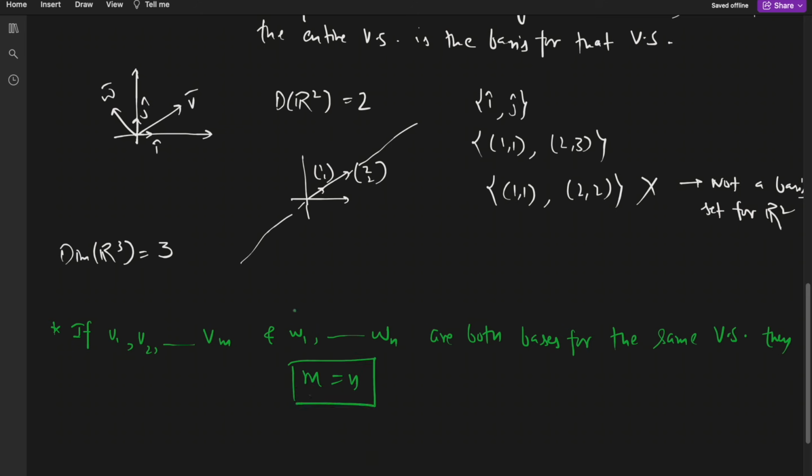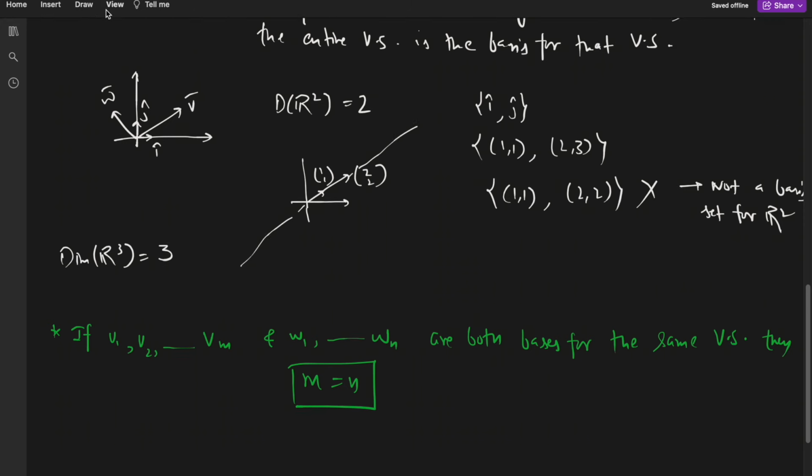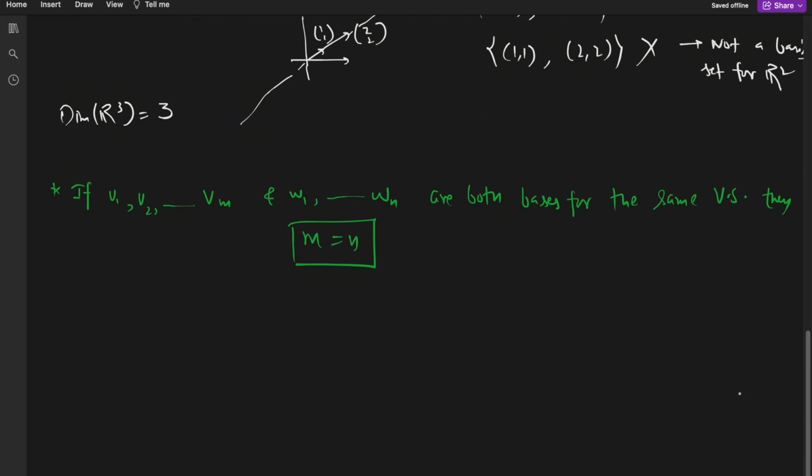Because if they are both basis sets for the same vector space, then they need to be equal in length. Basically the number of elements in both basis sets needs to be equal. That is what a basis is, right? So we will see a few examples of basis sets.